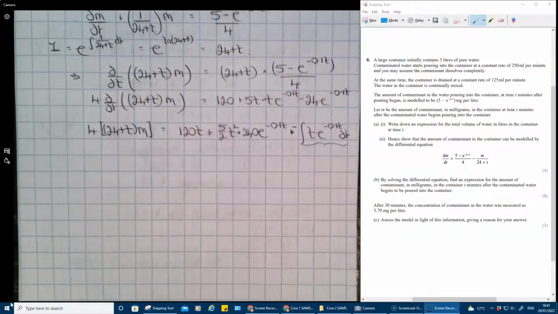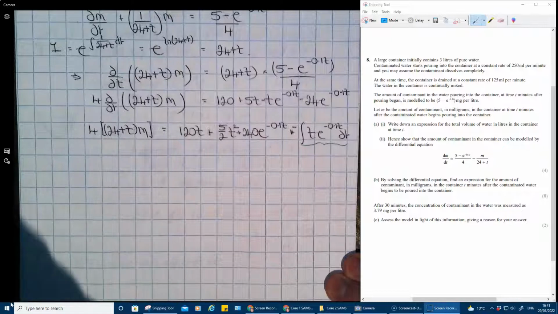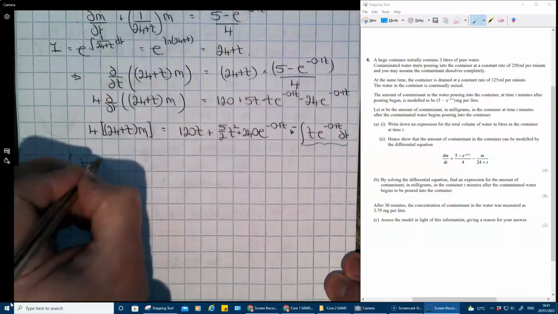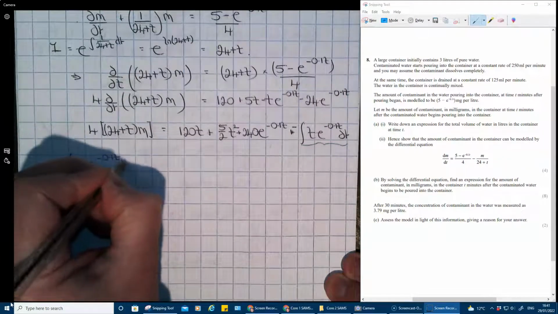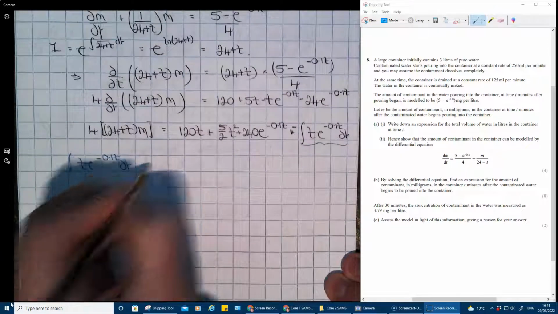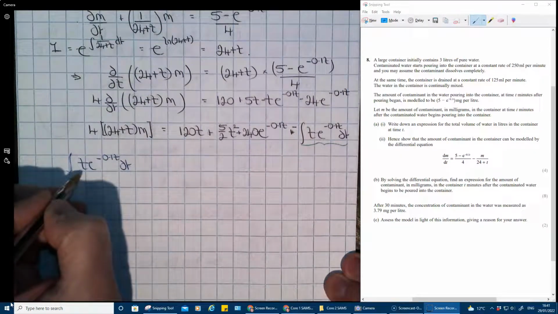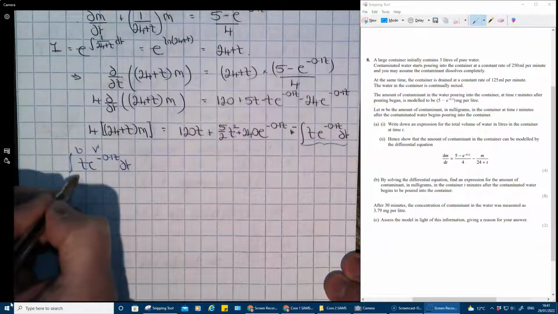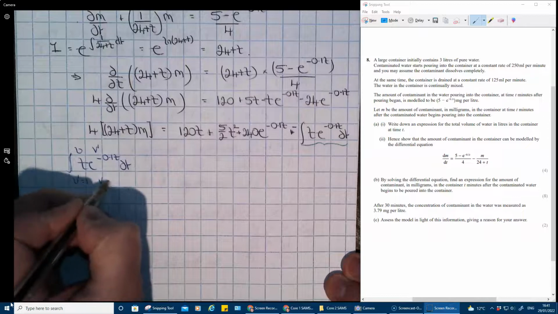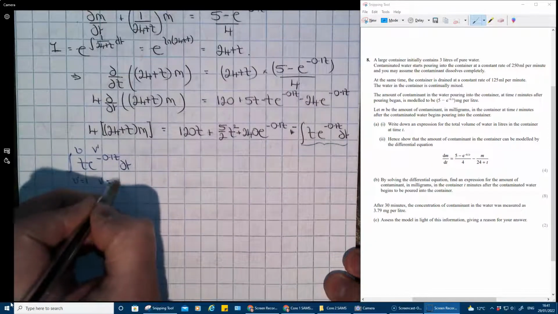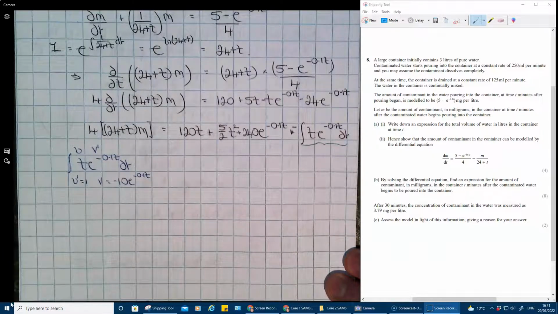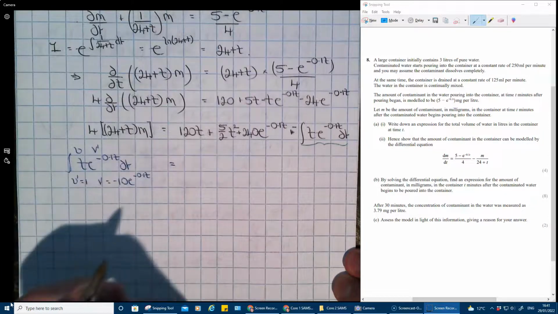Okay, so move that up. I'll do it in blue. The integral of t e to the minus 0.1t dt. Got to do by parts. So this is u, this is v dash. So u dash equals 1 and v equals minus 10 e to the minus 0.1t. Plug them in using integration by parts.